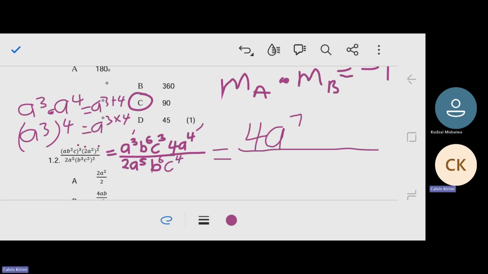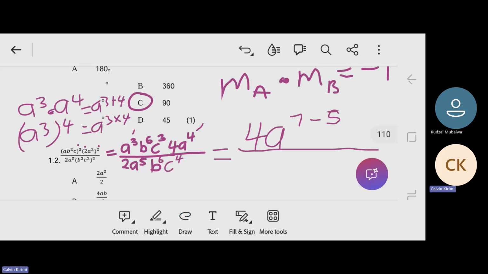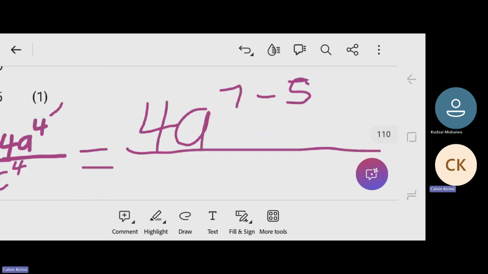But we are dividing by a to the power 5. So what do we do to the exponents? Division, the numerator, subtract. That's good. We are subtracting. So we will simplify that one.